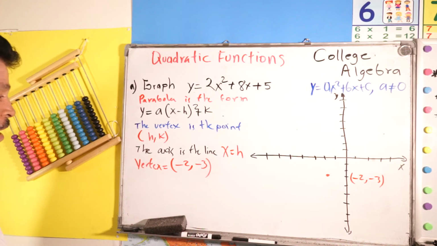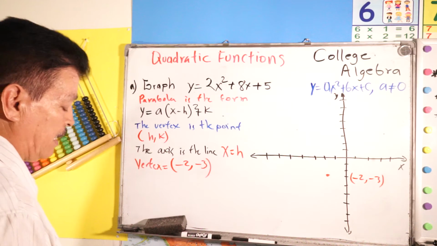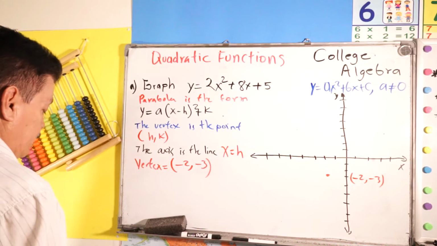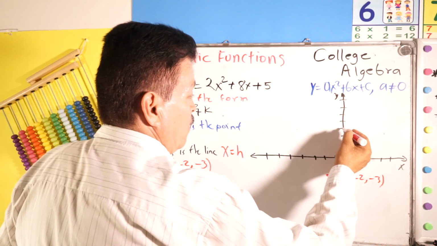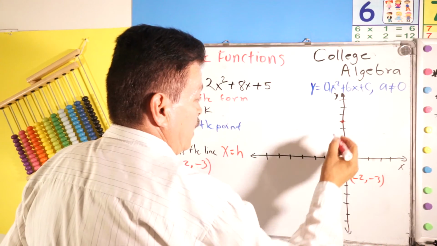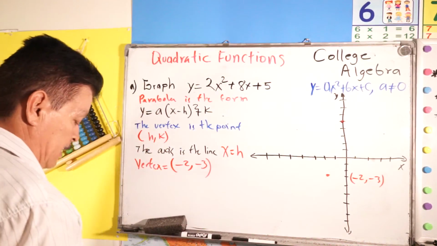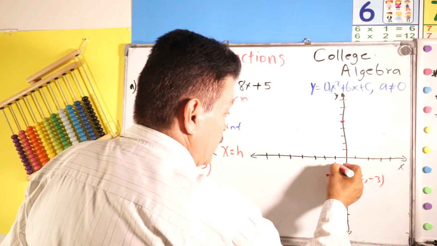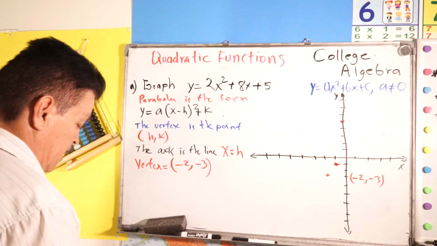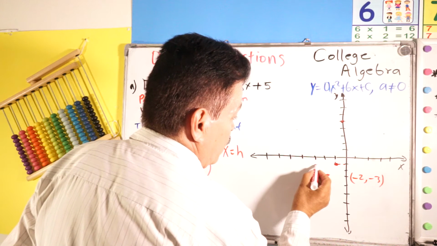And then, with the points that I told you, you will have a graph something like this. One point is crossed right here, and then another point is right here.